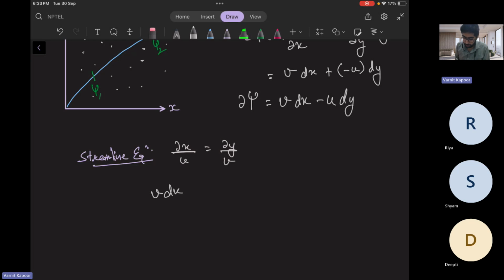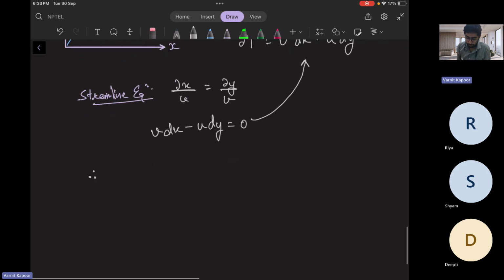Just cross multiply and transpose: v dx minus u dy is 0. Put this value here, v dx minus u dy is 0. So d psi is 0. Therefore, d psi is 0 for a streamline.